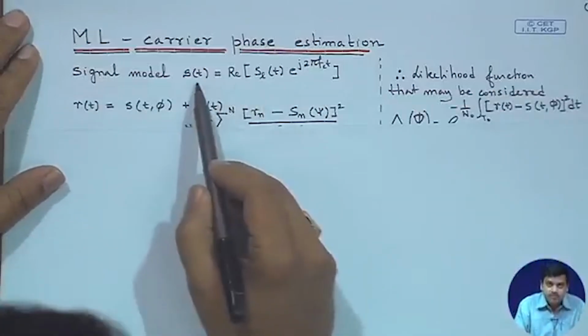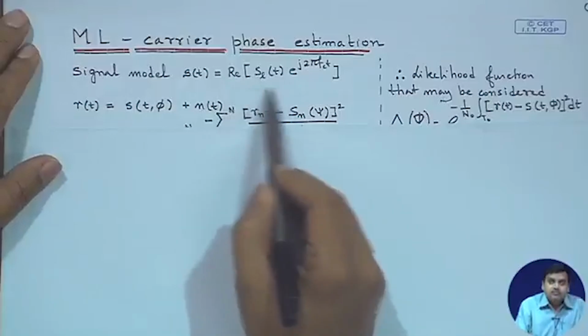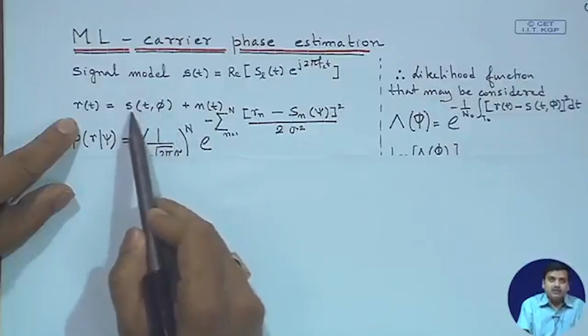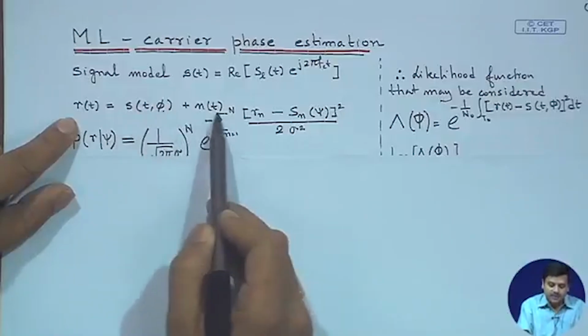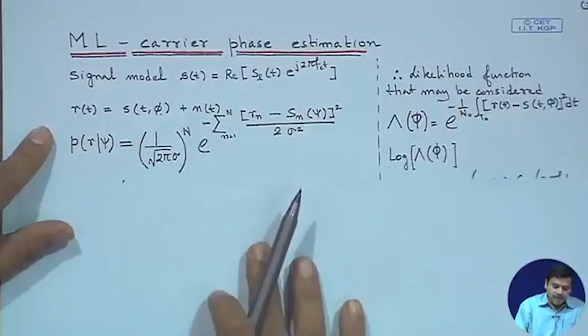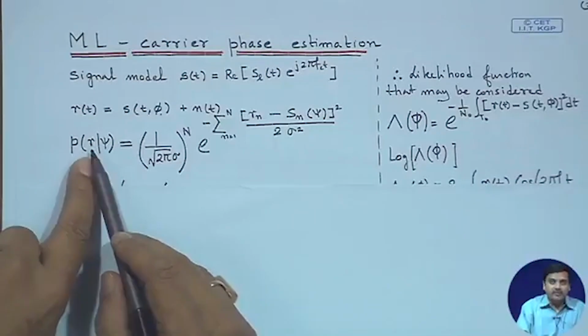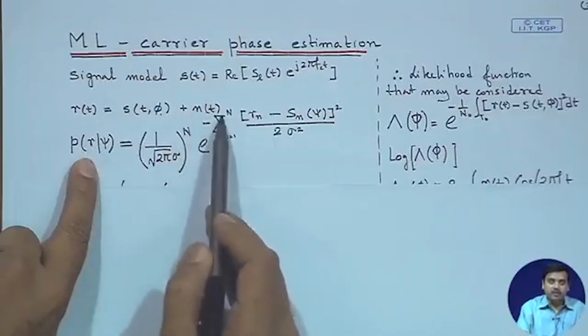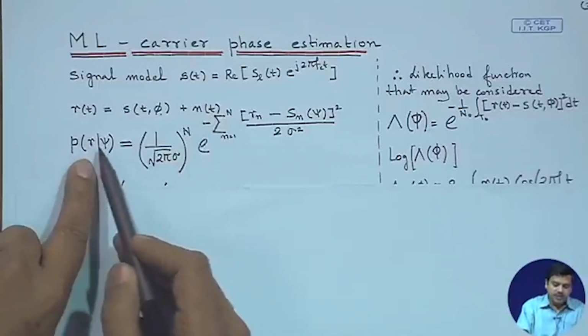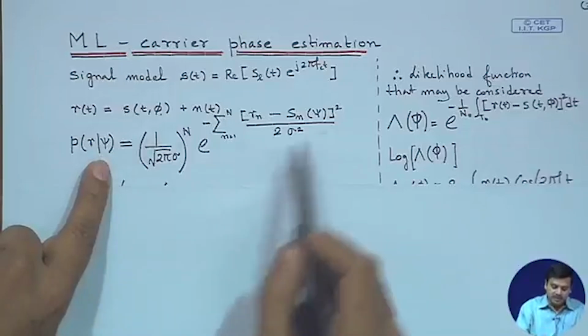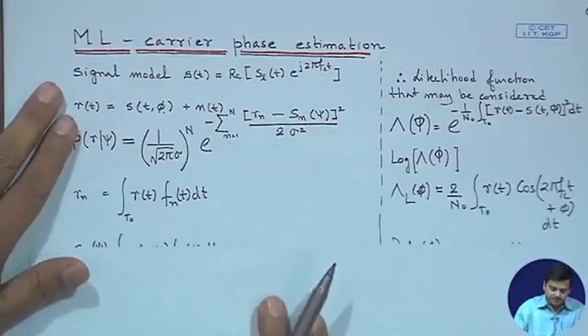So, s of t is this model which I do not need to explain, which you are well aware of, and the received signal is the transmitted signal which is parameterized by the phase, and there is a noise term. And the likelihood function we have also explained, since it is the vector r, and we said the components of r are independent, being affected by Gaussian noise. This we have discussed several times. The joint PDF of r conditioned on psi, the parameter vector to be estimated, which in this case contains only the phase, is given by the expression here.